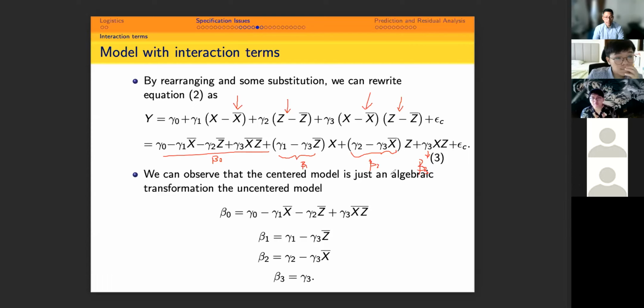The good thing about the interaction is the interpretation. In this slide, we've established that the transformation does not affect the model in terms of the qualitative result. They are the same parameters. However, the interpretation is going to be quite different.